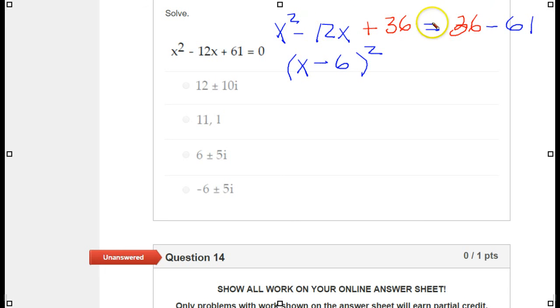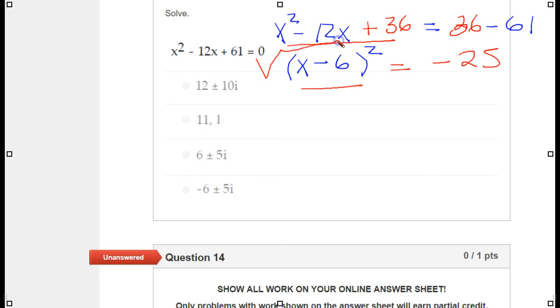So again, this is still equal, and we're just adding 36 to both sides. So it's still an equation. We're now going to factor this, which we already did, and we say now this equals a negative 25.